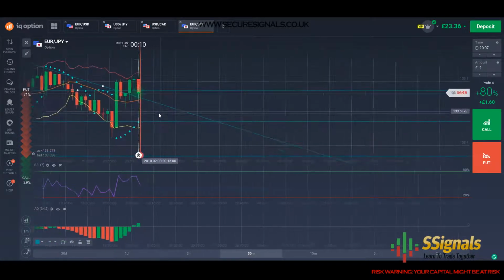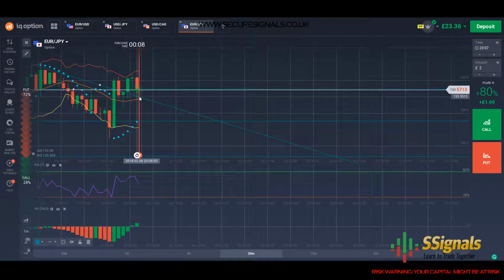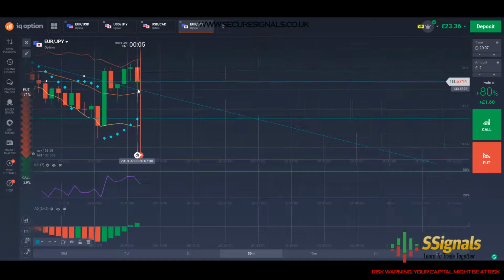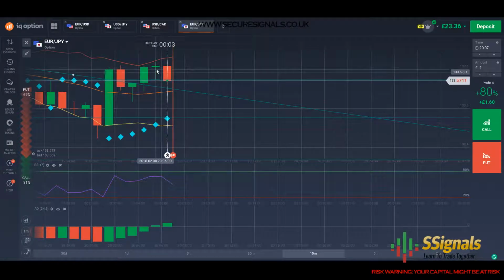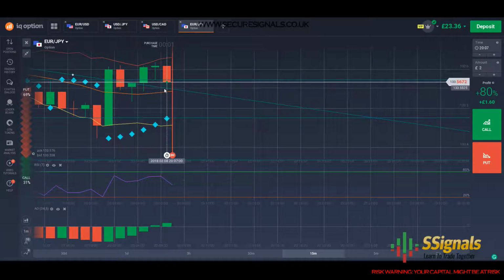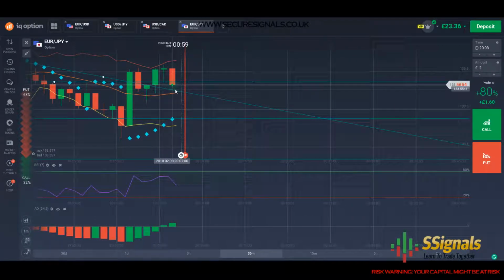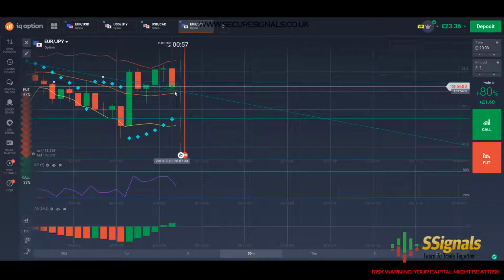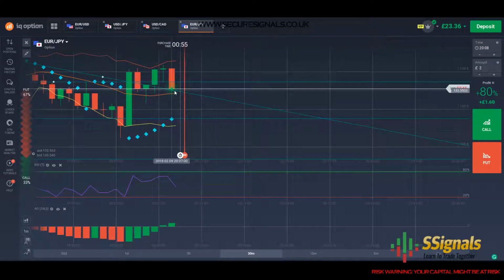Okay, I'm waiting for a little bit more push until this region basically, because that is quite a big bearish candle here. Okay, so look, if price touches down to this level, I might look for a call.